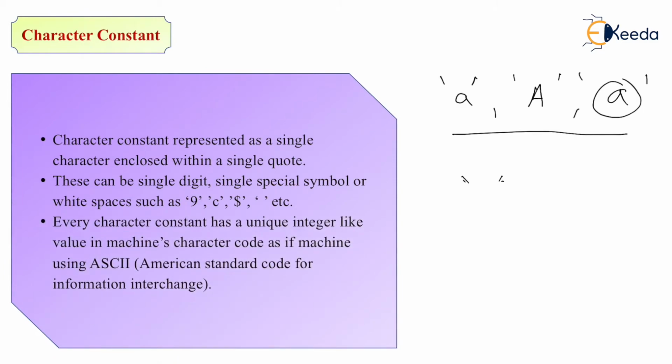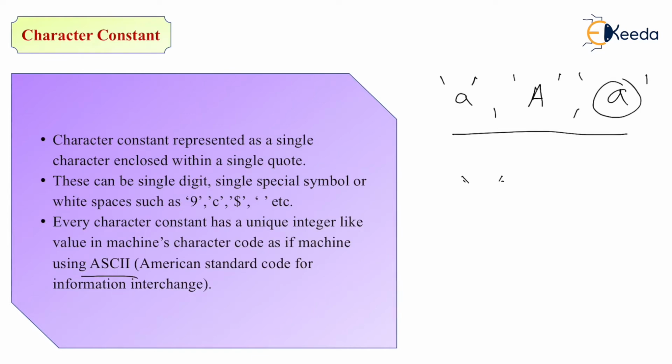Next, every character constant has a unique integer value like an ASCII value, that is American Standard Code for Information Interchange. So each and every special character as well as letter has a particular value which is predefined by ASCII.